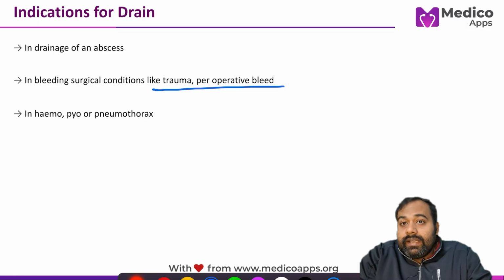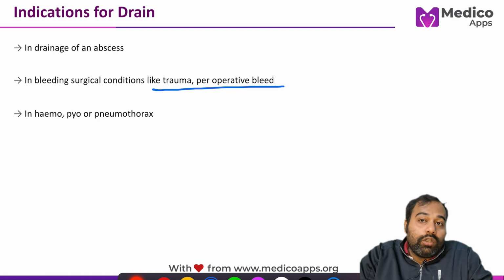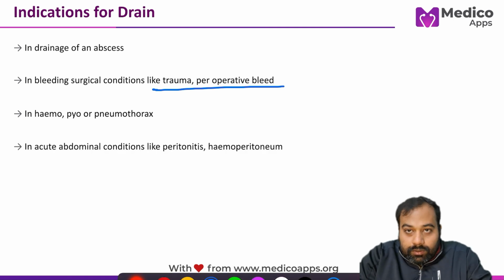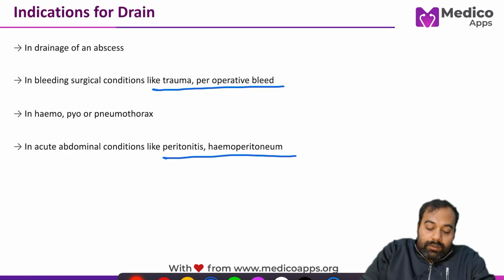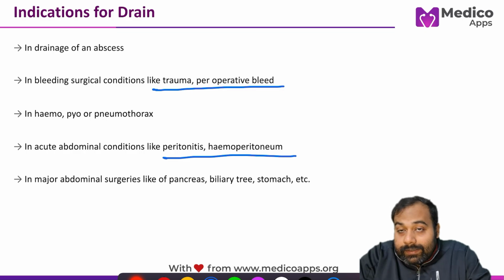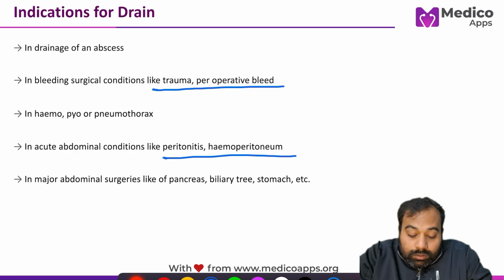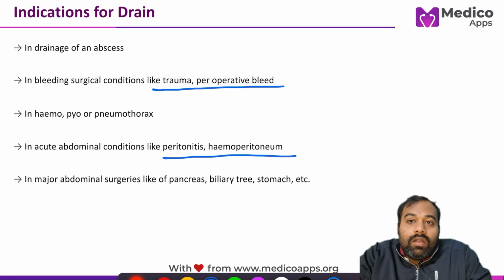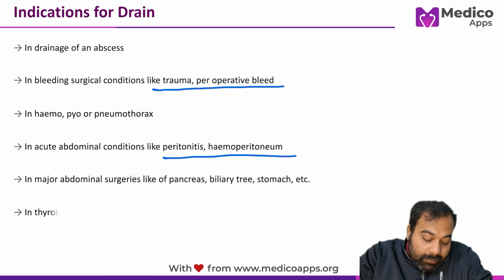Apart from that, in case of hemothorax, pneumothorax, pyothorax, we can also use it. In a patient with an acute abdomen, like peritonitis or hemoperitoneum, we can also use the drain. Major abdominal surgeries like for pancreatitis or the Whipple's, also the biliary tree or hepatobiliary operations, operations involving removal of the stomach, and pelvic surgeries, there also we can put the drain.